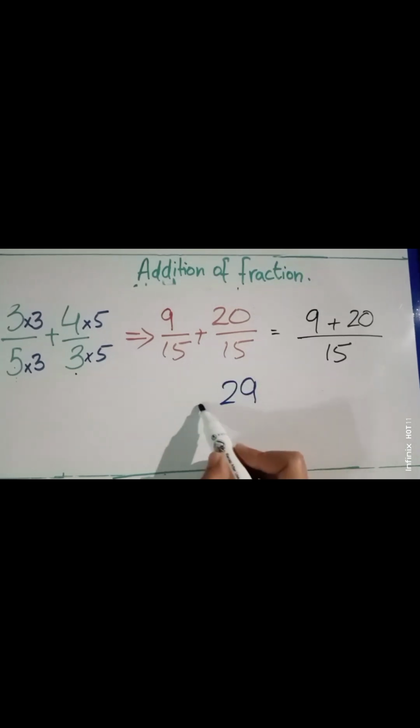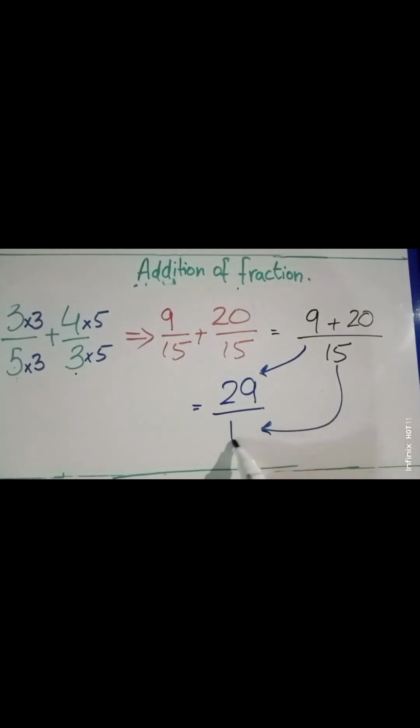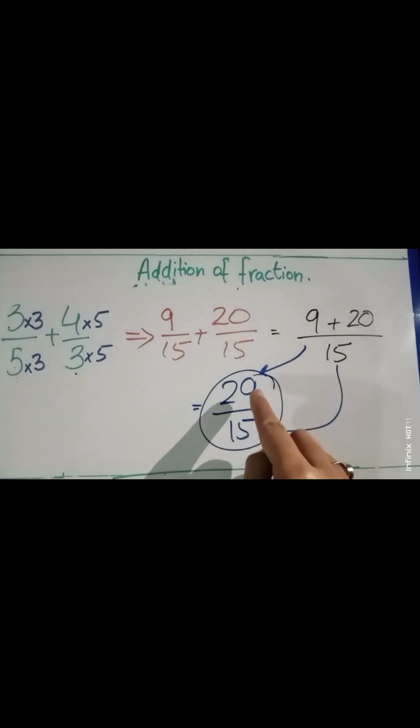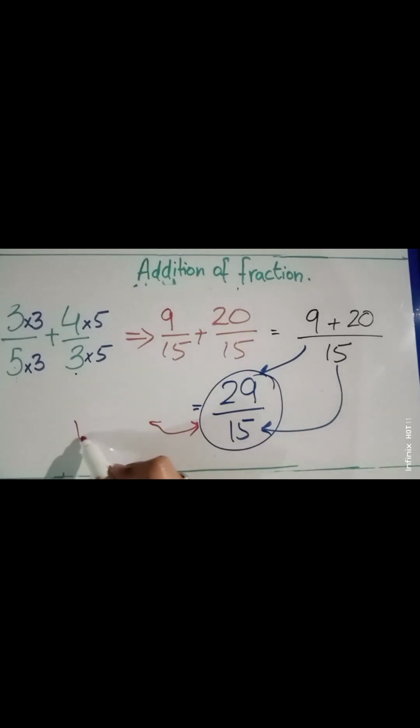So 29 will come in the numerator and 15 will come as the denominator. Do you know what we call this fraction? When the numerator is bigger and the denominator is smaller, this type of fraction we call an improper fraction. This is an improper fraction.